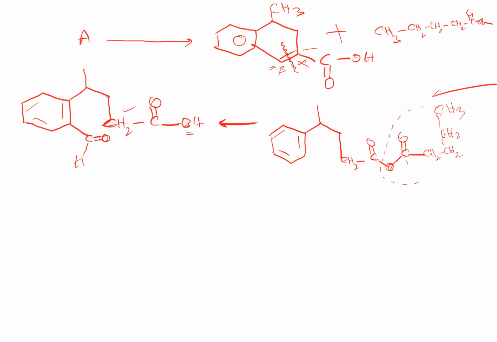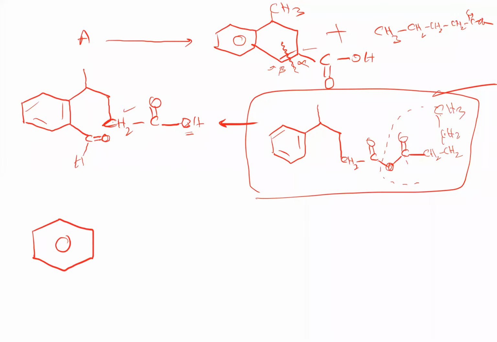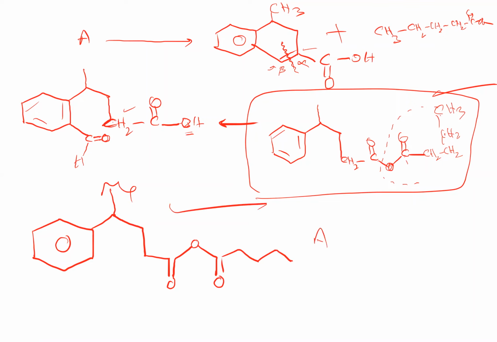This is the given one. This should be A, compound A. Finally, observe. Methyl here. 1, 2, 3, 4. Yes, this is compound A.